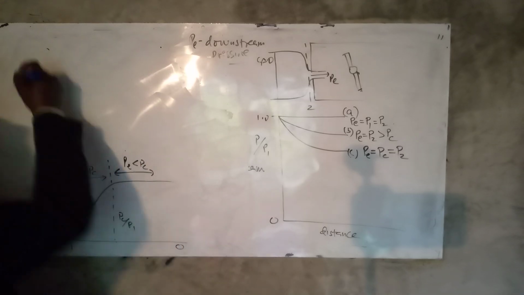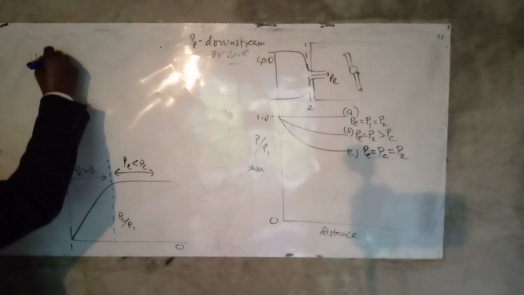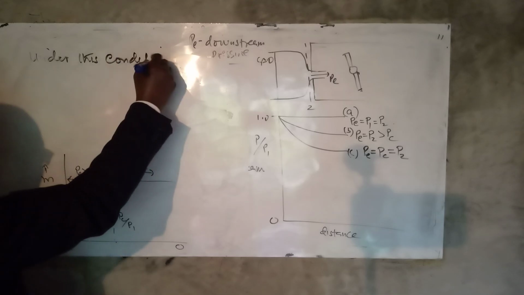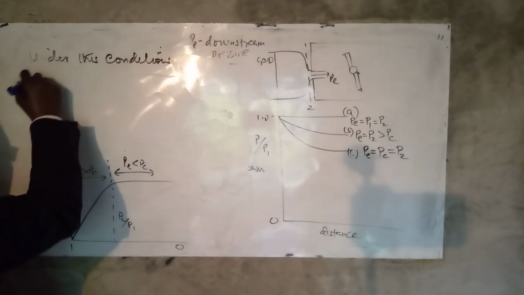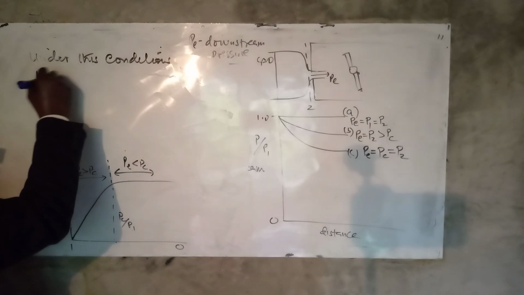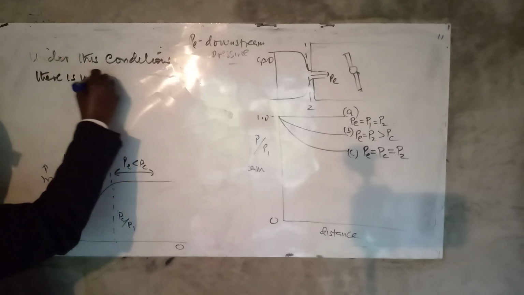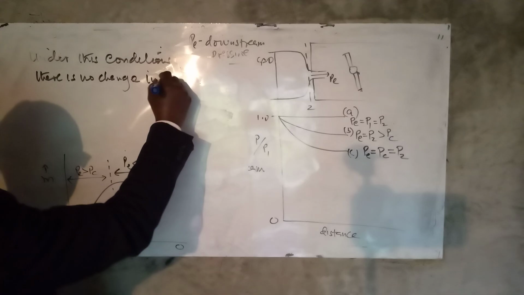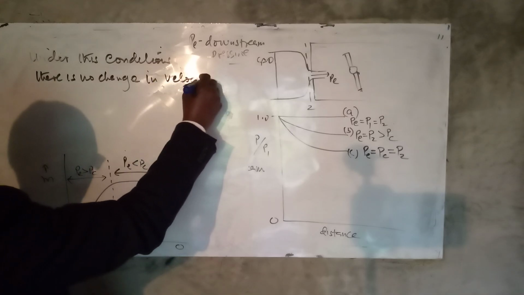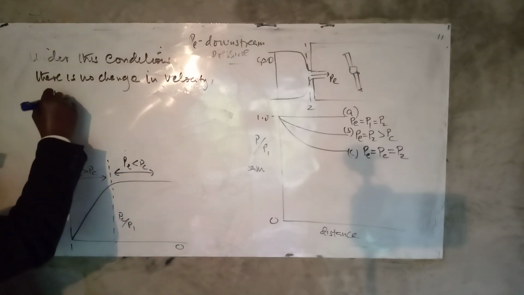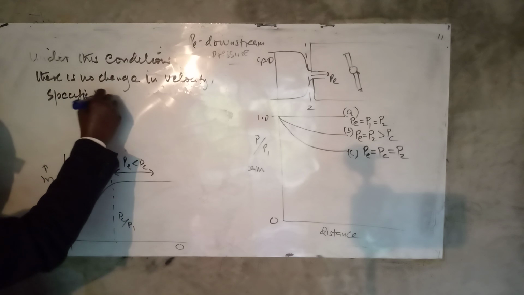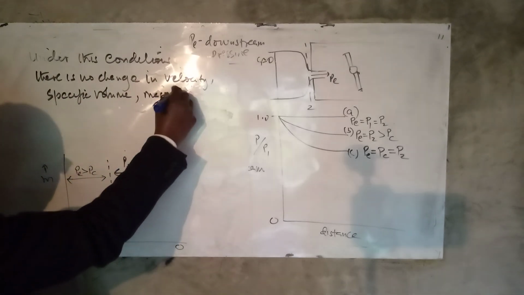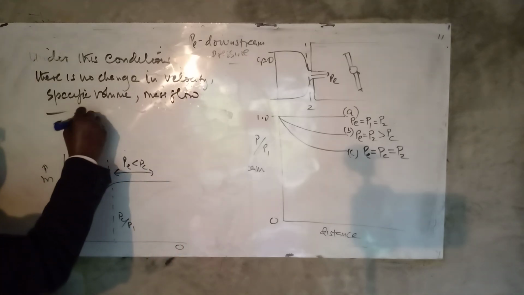Under these conditions, there is no change in velocity, in specific volume, or mass flow. So you can say the nozzle is choked.